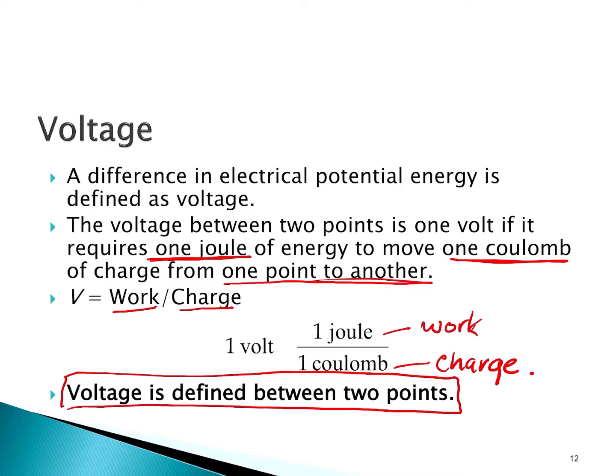And notice how, if we go back to the water analogy, if you were to look at any point on that circuit, the only way you're going to find a difference in pressure is to be on either side of the pump or on either side of that restriction.